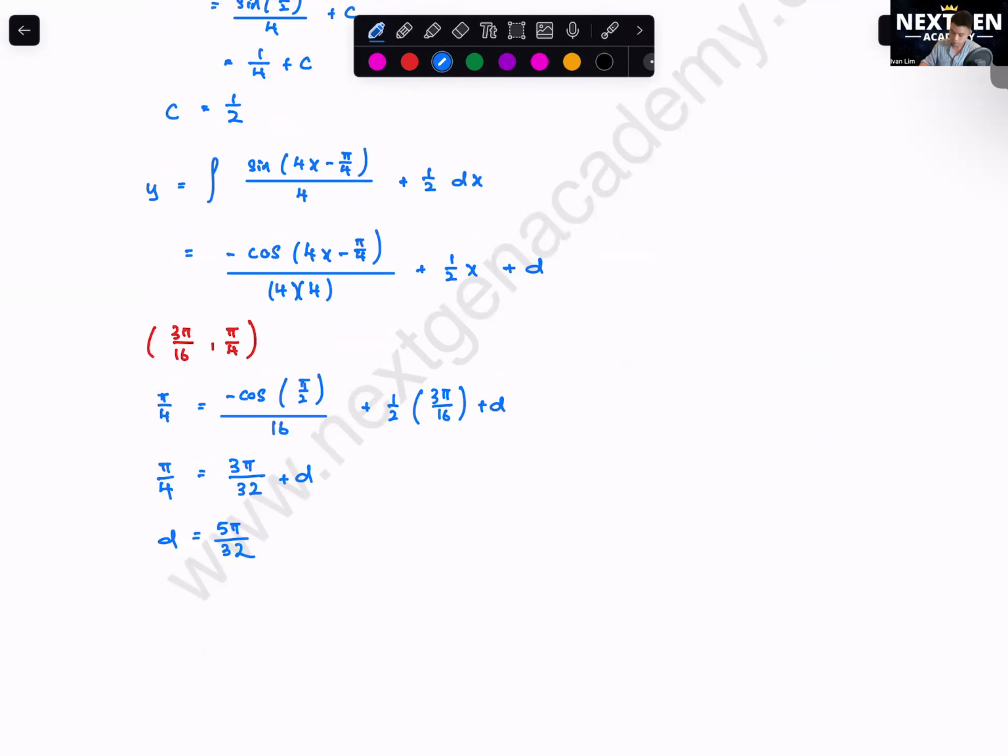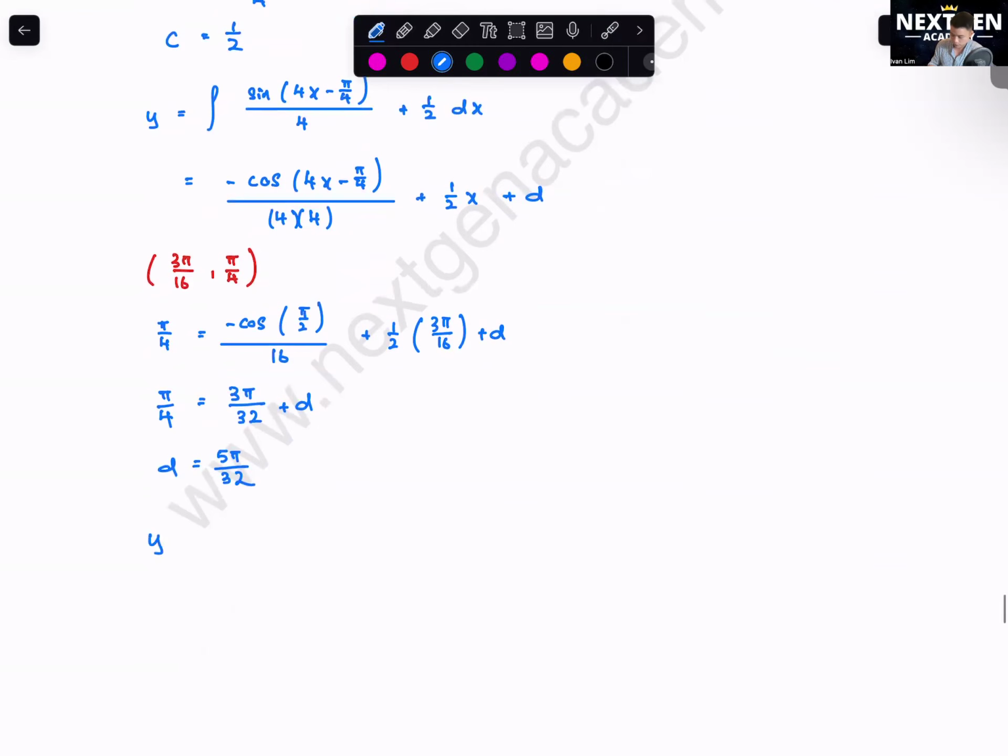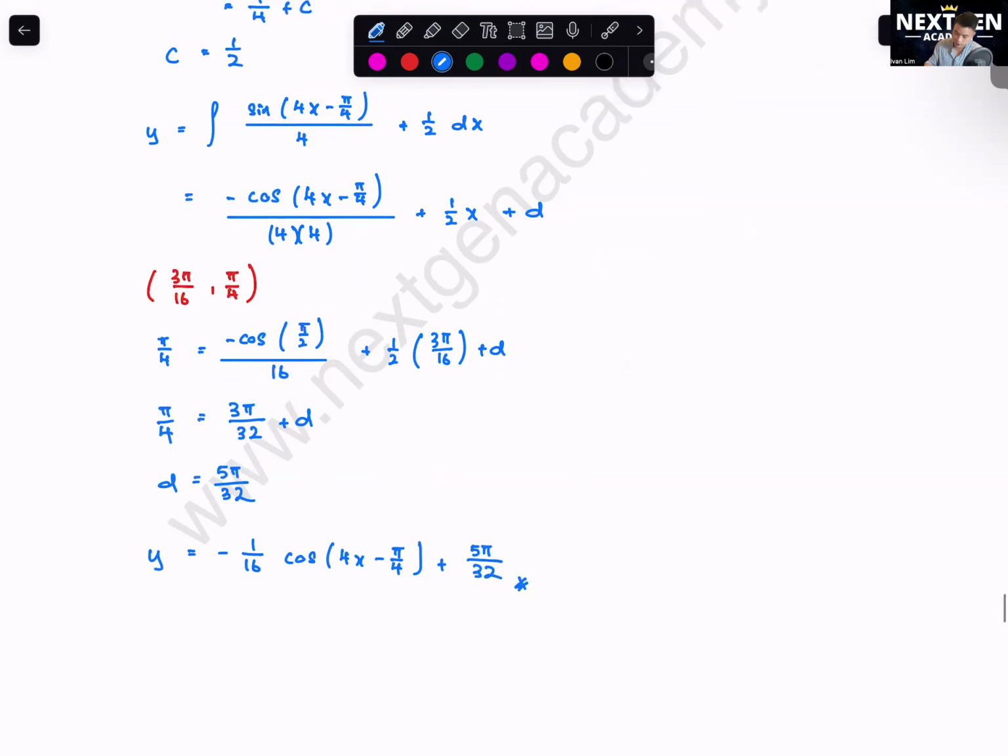And your final answer will be y equals to negative, you can write as 1 over 16 cos 4x minus pi over 4, plus 5 pi over 32. It's your final answer.